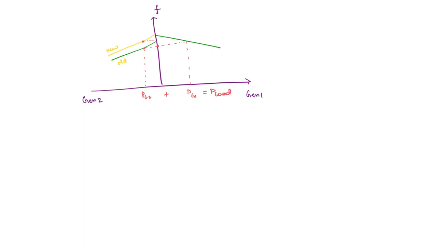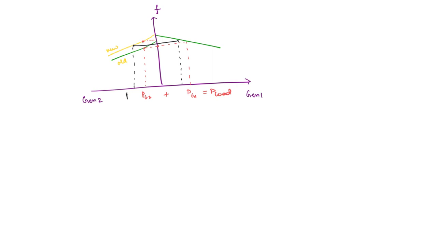So the cumulative effect is that the real powers will also change. The operating frequency will also change. So it will be somewhere in between like this. System frequency will increase as well as the power delivered by generator 2.